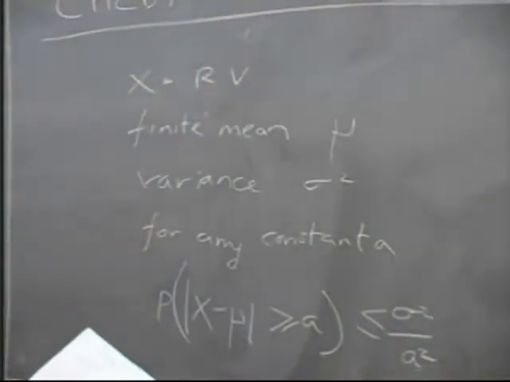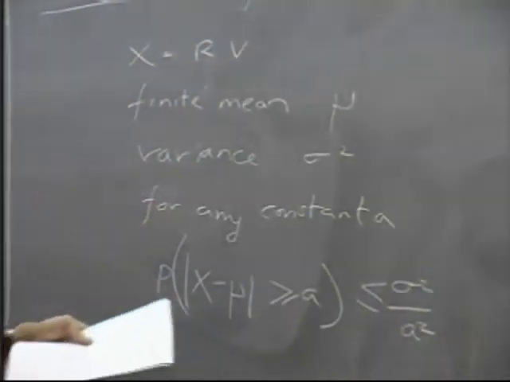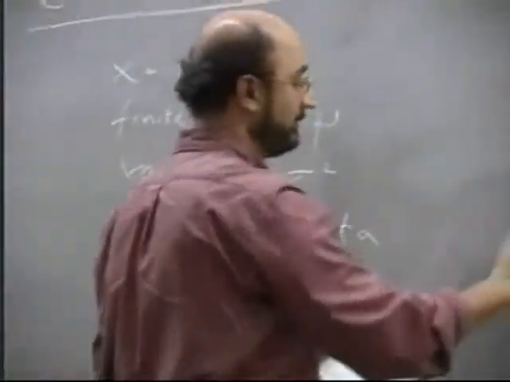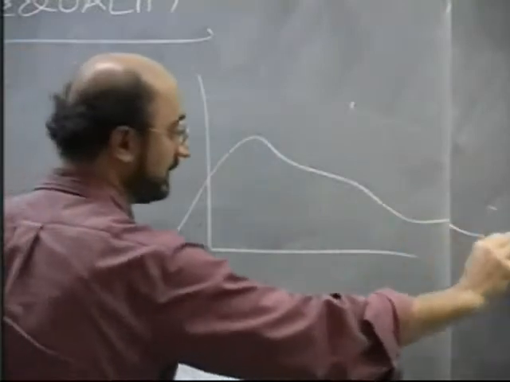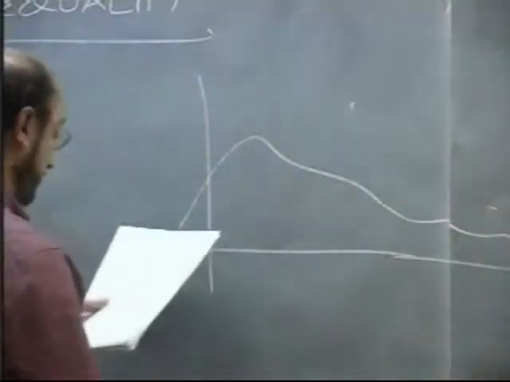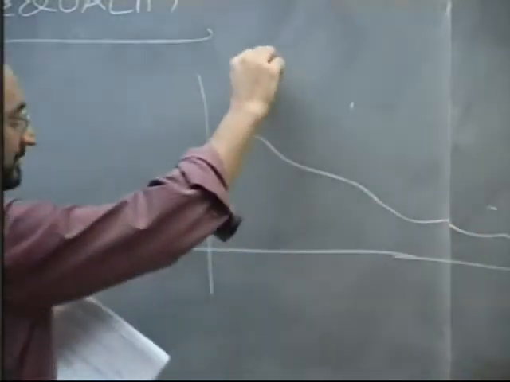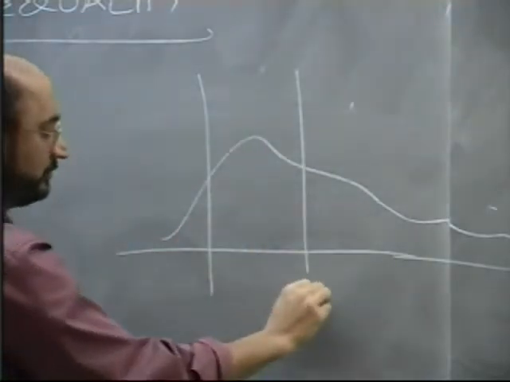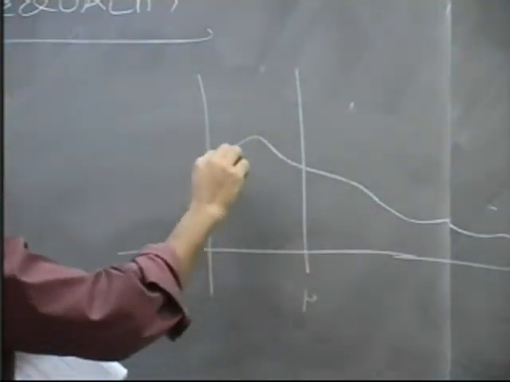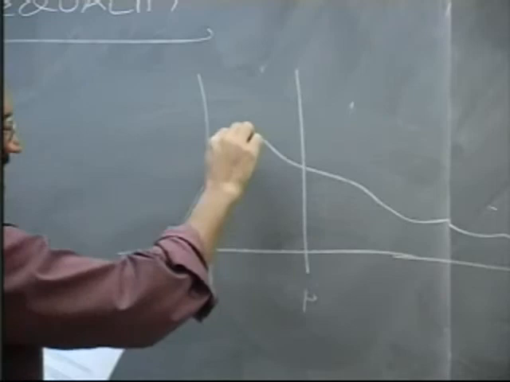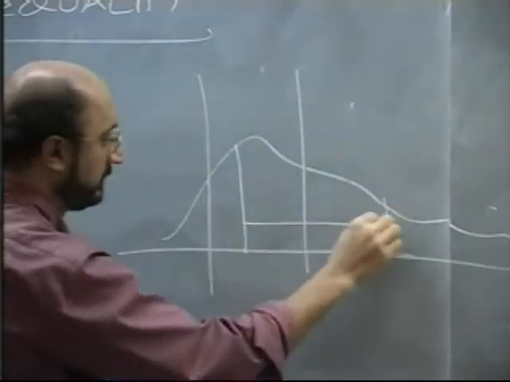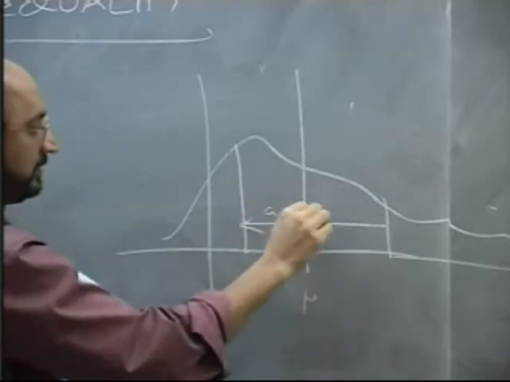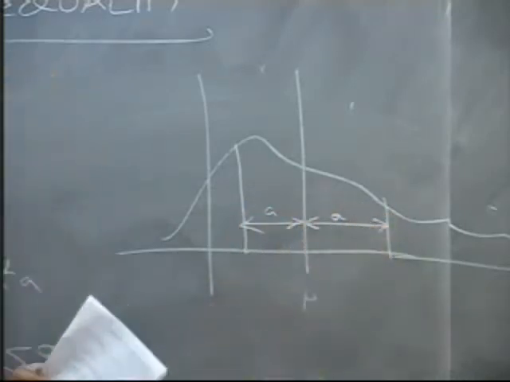And so let's just sort of unpack this. So what's |x minus mu|? Well, again, we have over here some distribution. Again, it can be positive or negative in this case. And we're saying that it has some mean. Let's say this is the mean mu. And what we're doing is that we have some value a, so this is a over here, and this is a over there as well.